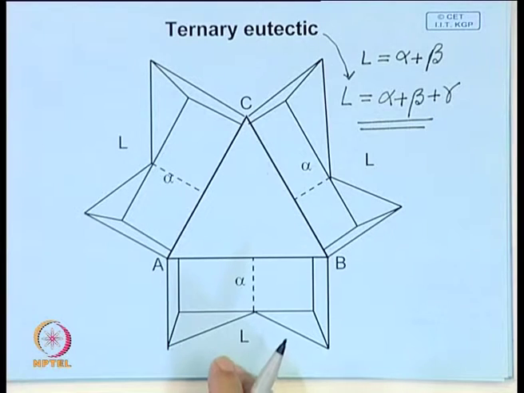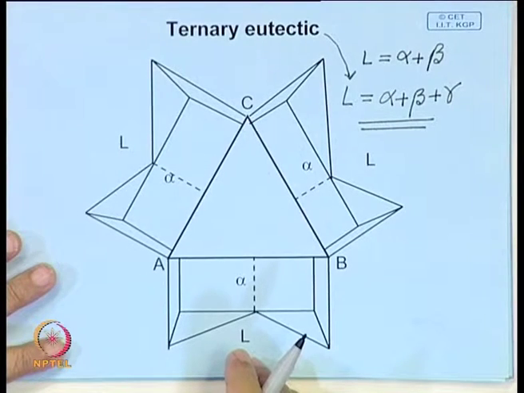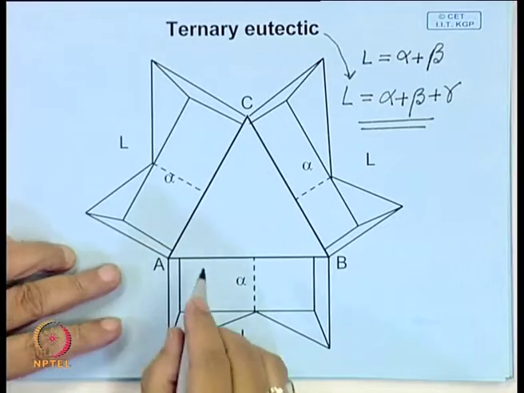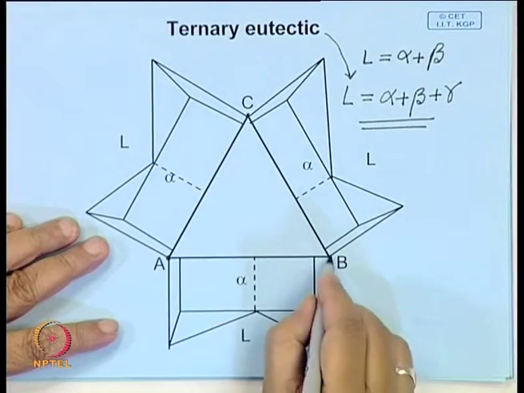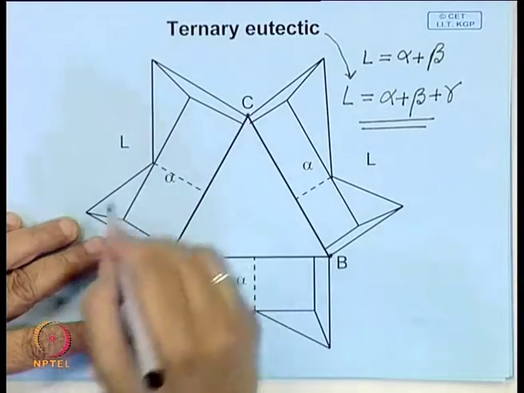Now, let us see how we construct a ternary eutectic diagram. Let us take a case where each of the binary systems is a simple binary eutectic.